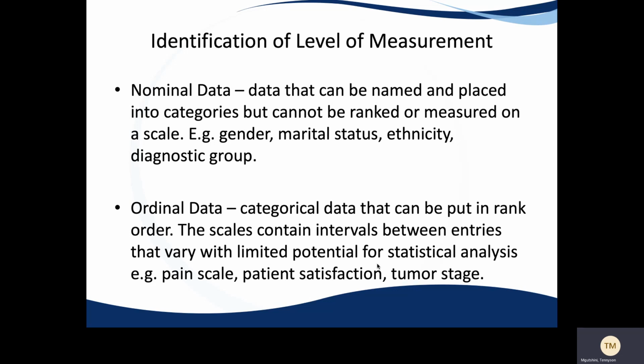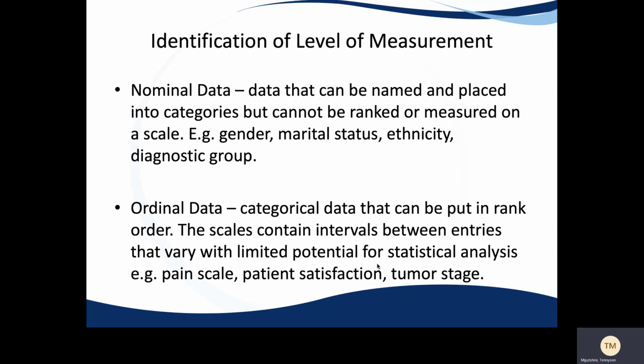Ordinal data is nominal data that has been presented in a way where there's a gradient. We can rank things. So I'm able to say, here's a pain scale: those who had no pain, to those who had some pain, to those who had a little more than some pain, to those who had a lot of pain. You can select where you fit.